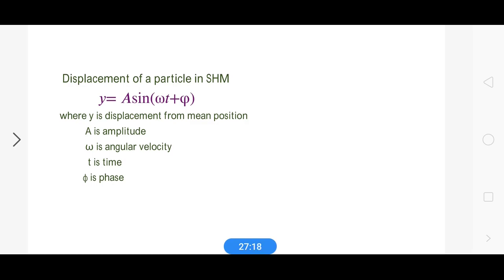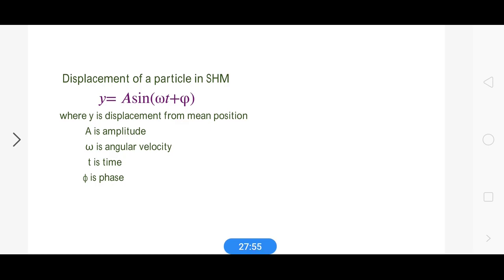So it depends on the values of omega t plus phi, where omega is the angular velocity, t is the time, and phi is the phase. By substituting values into the total term omega t plus phi, we can get the displacement at the individual positions of the particle.